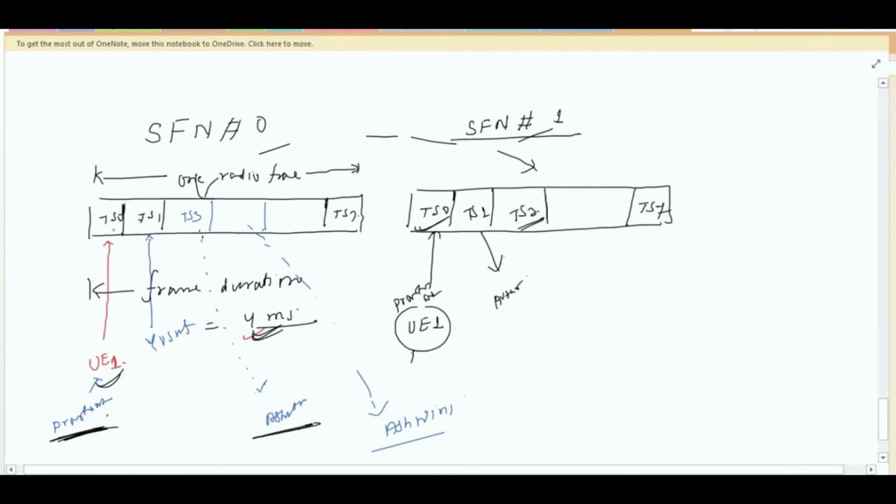Why? You understand here. Suppose in TS0 you are transmitting for Prashant, and in the next frame he gets TS7 to transmit the next slot. Then the gap will be 15 time slots, almost 8 millisecond. And suppose the person needs one more slot and the next frame gives TS0 only. So here TS7, here TS0.